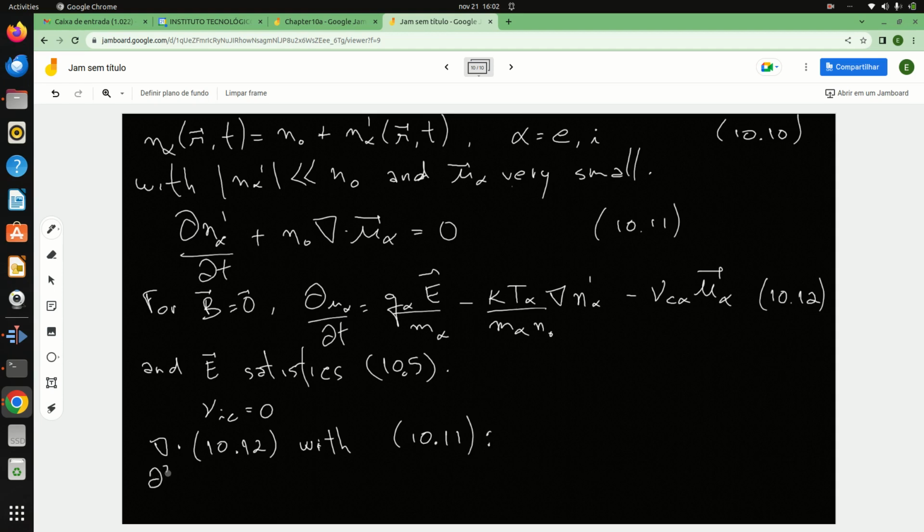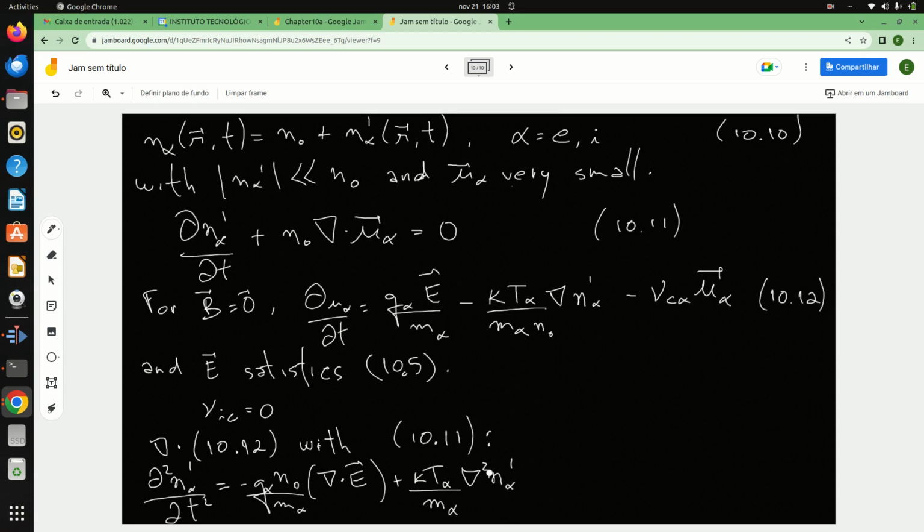Then we have this, minus q and the divergence of E, plus this is the alpha general expression, L alpha, the gradient.